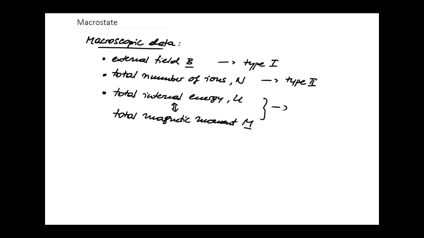It has no sharp value, and then it may be given to you as an expectation value. So let's assume the latter case, that it's given as an expectation value, and in this case this data is of type 3 in our logic. This is an overview of the macroscopic data that we are given.